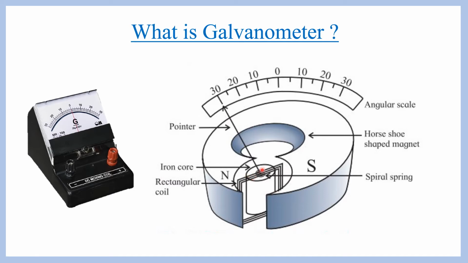And you can see, according to the presence of current or due to the presence of a potential difference, this coil gets deflected, and according to the deflection of the coil, the pointer gets deflected accordingly on the scale which we observe here.